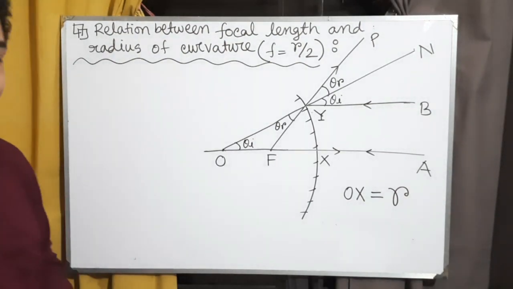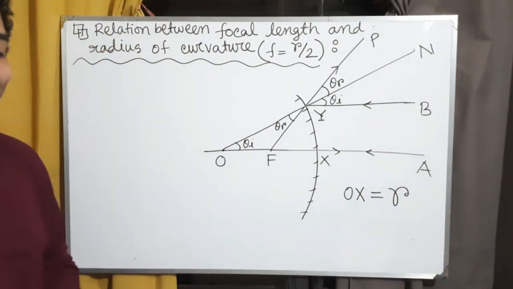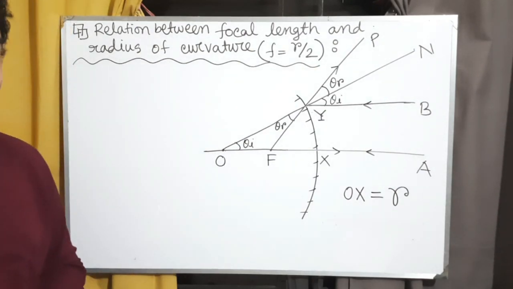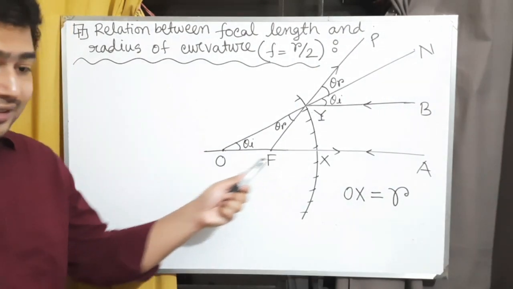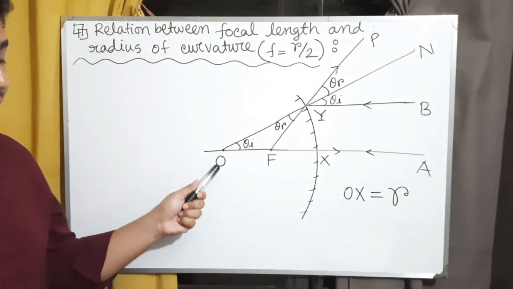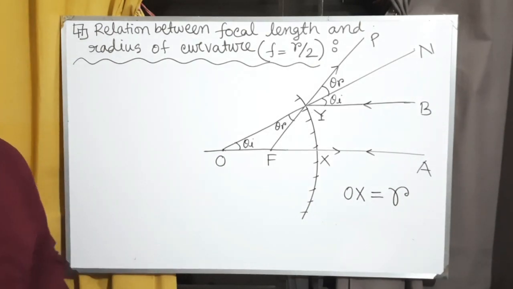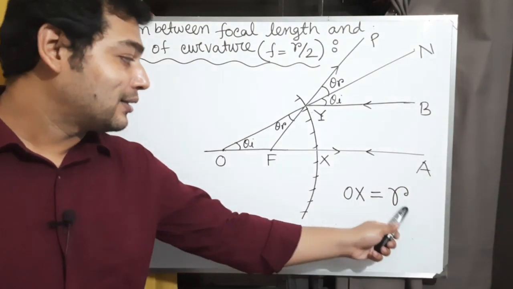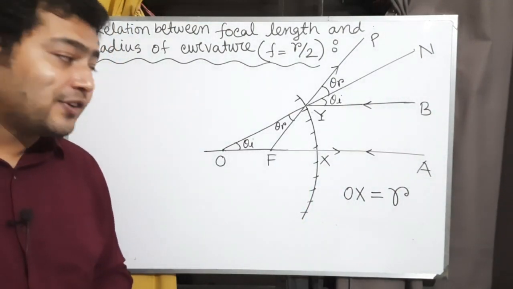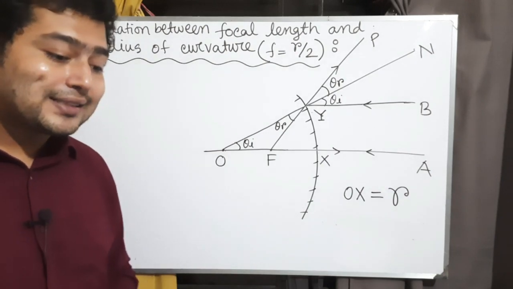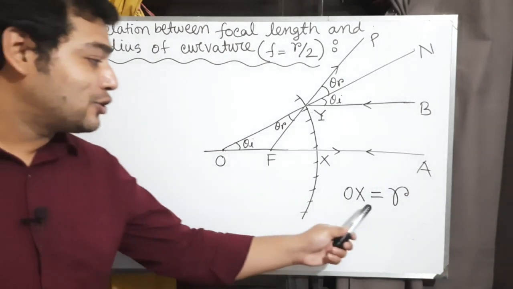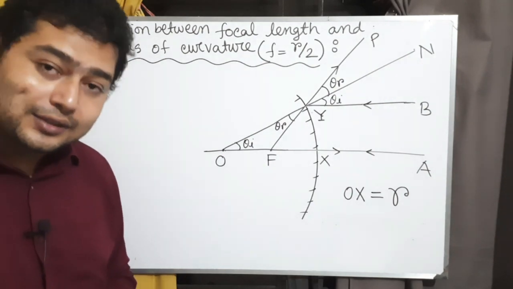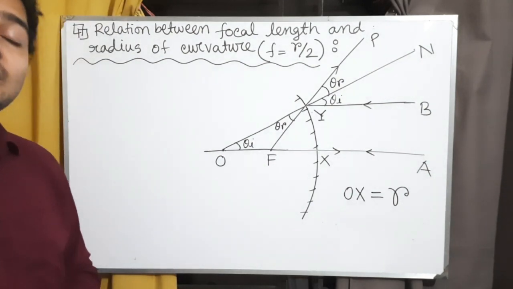Let us extend this ray to the center of the sphere O. So we can write OX equal to R, the radius of curvature or radius of the sphere.